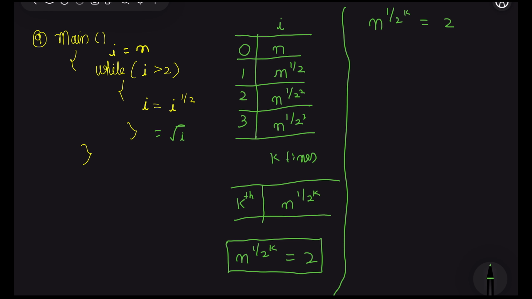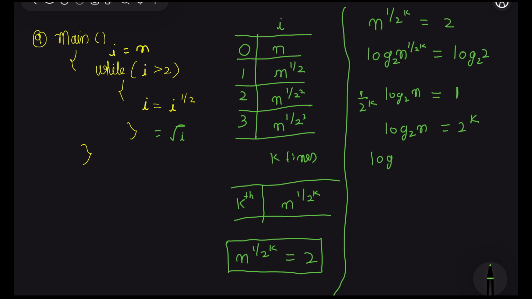Now let's take log on both sides. Log of n to the power 1 by 2 to the power k, and here on the right it will come log base 2 of 2, so the base will be 2. This 1 by 2 to the power k can come in front and this will be log base 2 n, and this will become 1. Now we can write this as log base 2 n, with 2 raised to the power k coming to this side, and now here we will take the log again.